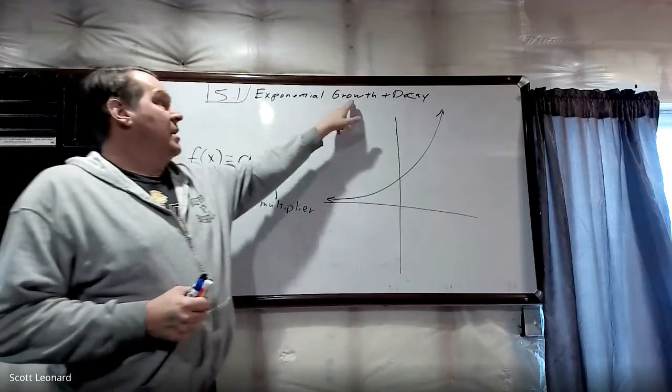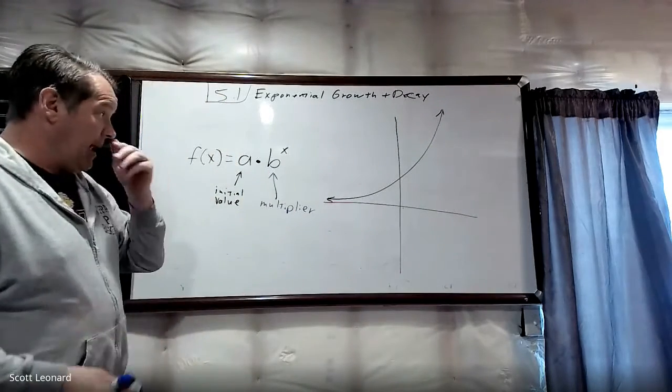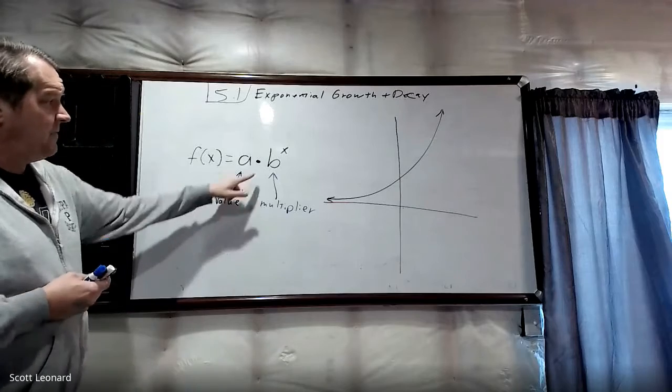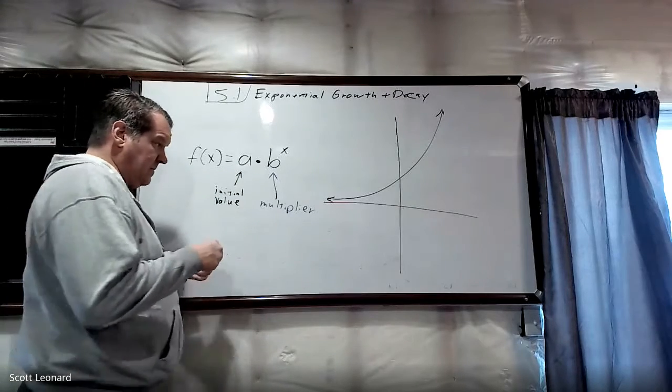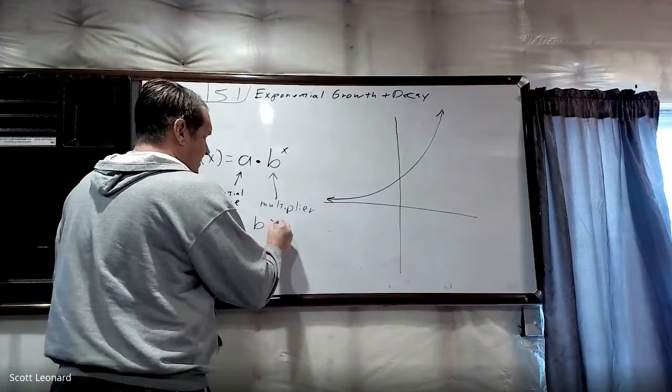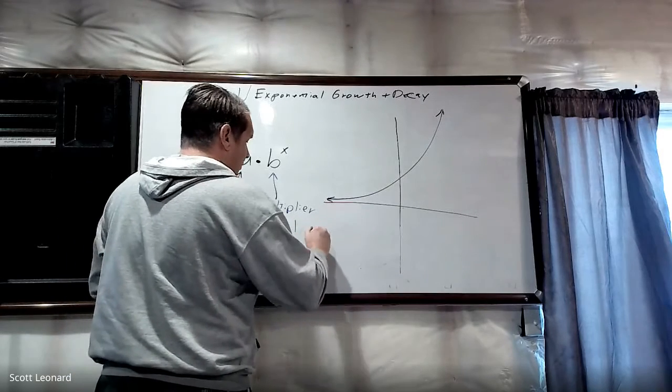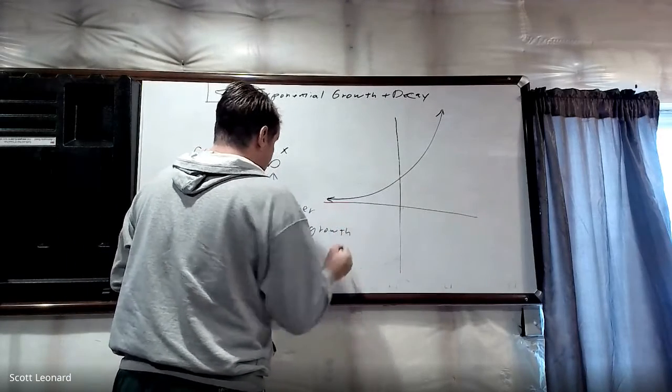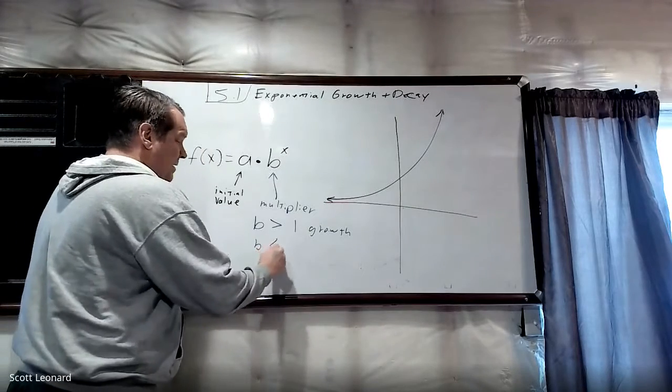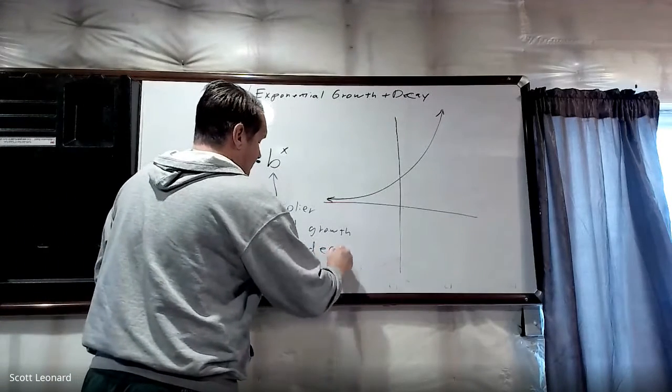It's what we call our growth or decay multiplier. If B is greater than 1, we'll have growth. If B is less than 1, we'll have decay.